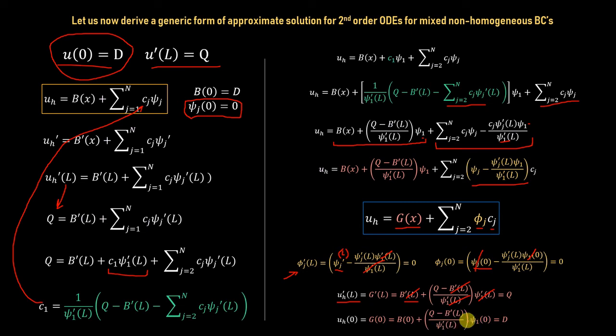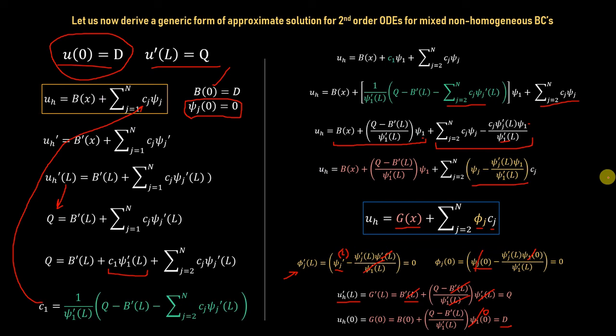So this term finally comes out to be d, because psi1 at 0 is 0, so this term goes out. The only thing remaining is b0, which we have already defined as d. So all the conditions are now satisfied.